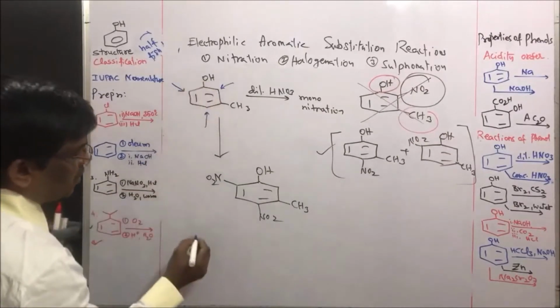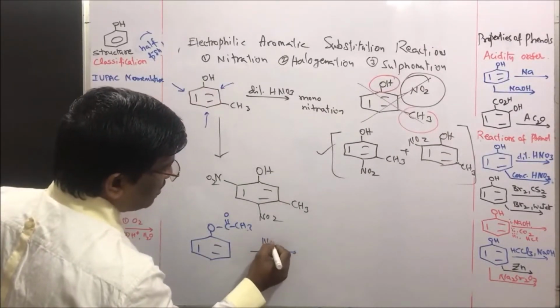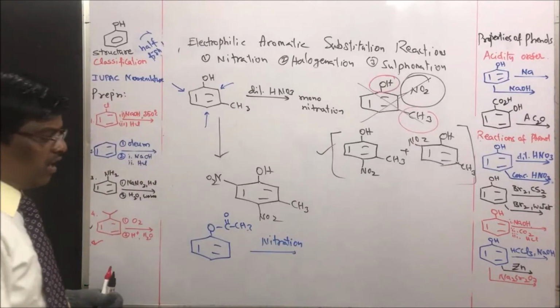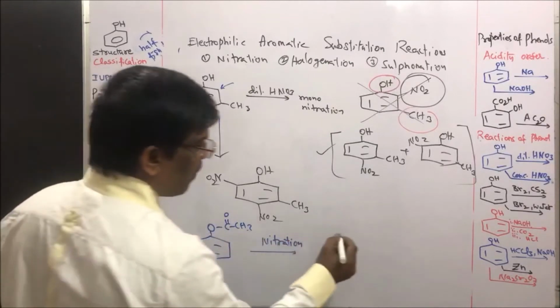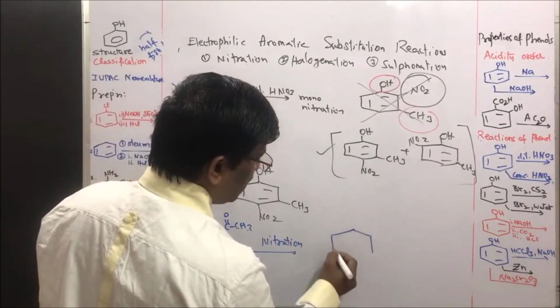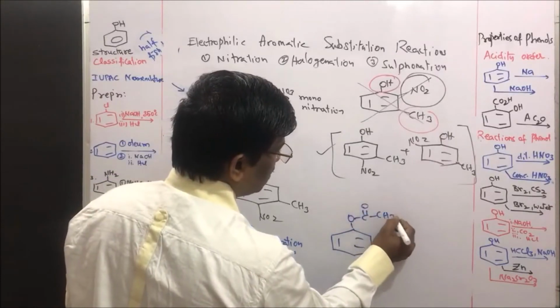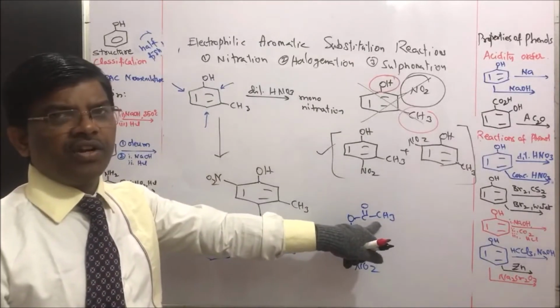If I substitute this as phenyl acetate and do mononitration, where is it going to undergo? Phenyl acetate is also an ortho, para directing group, so the major product is at the para position. Yes, students, this is how you get para-nitro phenyl acetate.